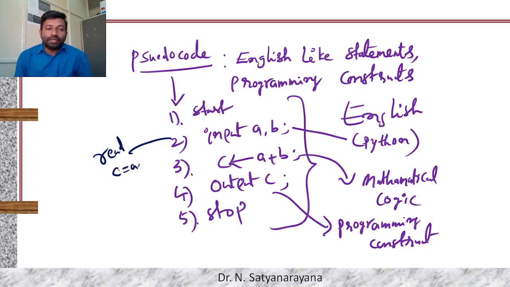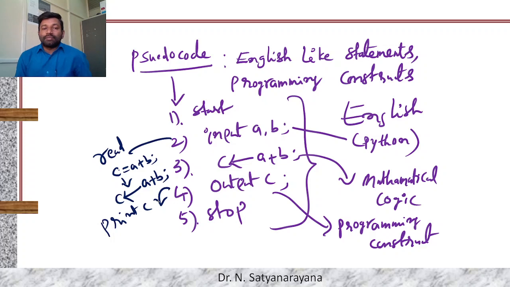C is equal to A plus B, simple mathematics that can be in pseudocode, it can be replaced with this symbol. Okay, so output could be print C, then it is close to C language. So whenever your algorithm is converted in English like statements using some programming language constructs, that becomes the pseudocode.